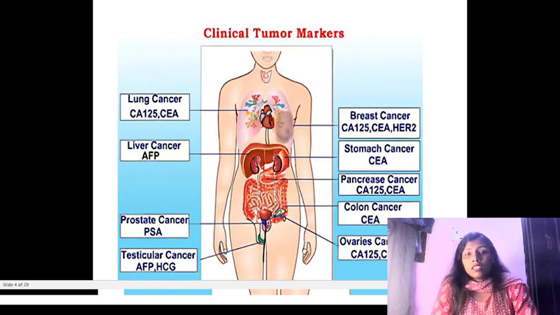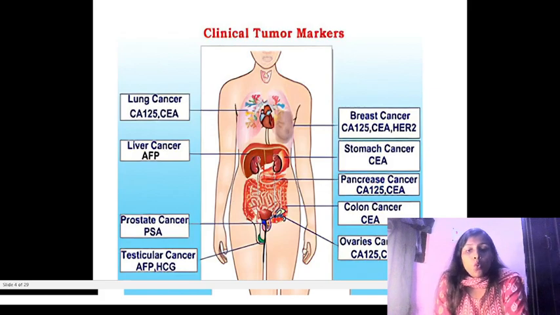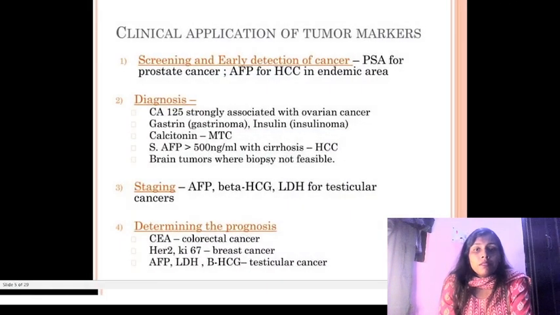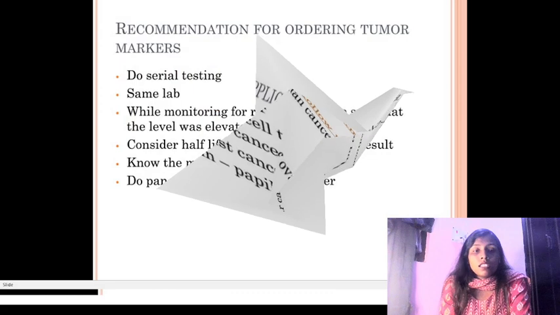Let us see the other side of this picture. In breast cancer usually CA125 is the main one. In stomach cancer CEA is raised. In pancreatic cancer we have CA125, and similarly in ovarian cancer we have CA125. Let us start one by one, and you should be very clear about all these levels.